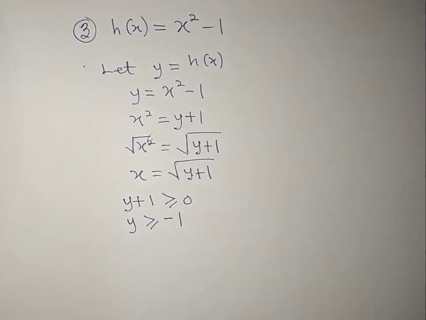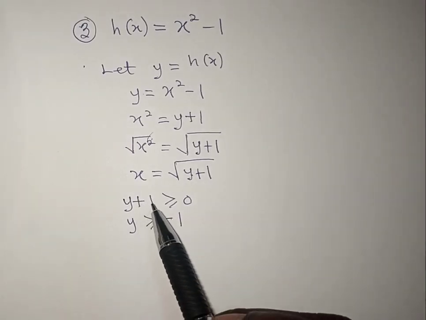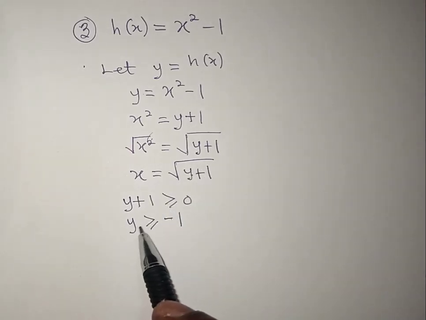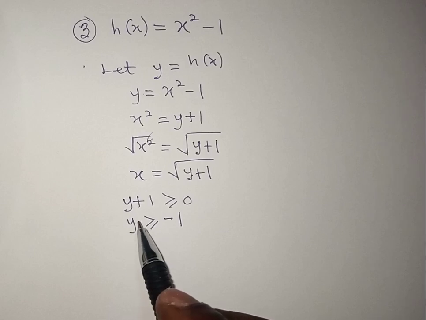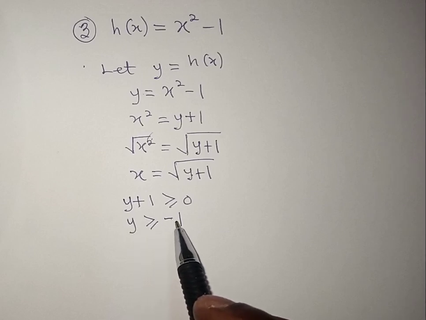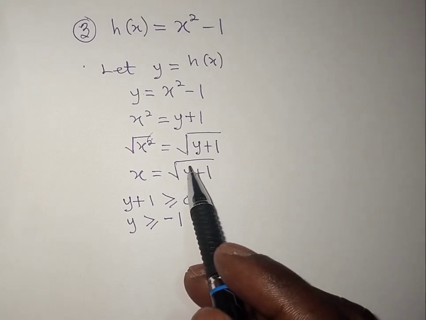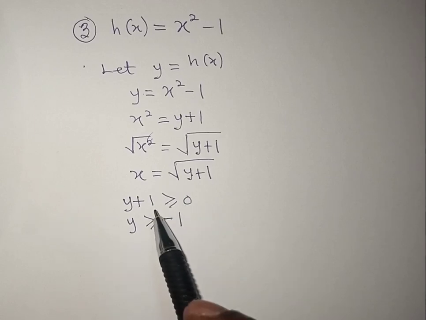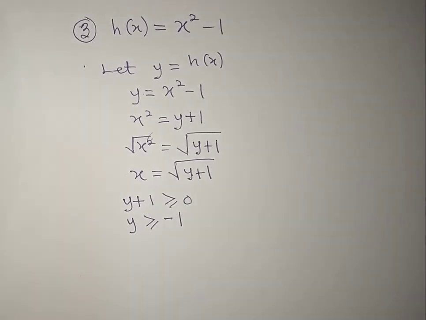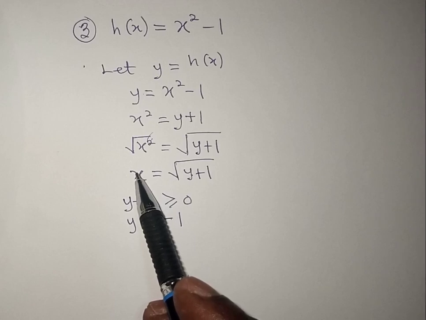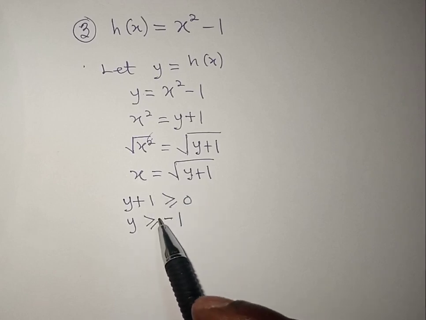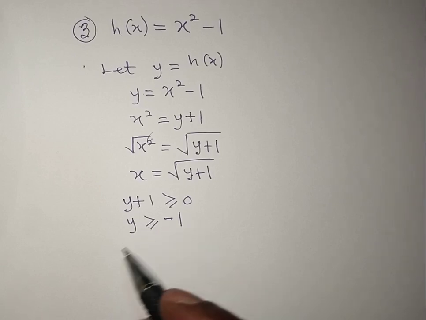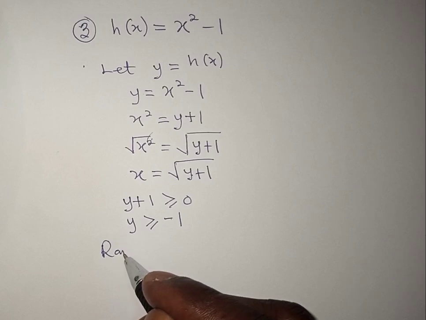So it means that every element which is greater or equal to -1 can satisfy this. Other than that, no value at all can satisfy it. That's what we are saying. So the only values that make x defined are numbers greater or equal to -1. Then we can write our range.